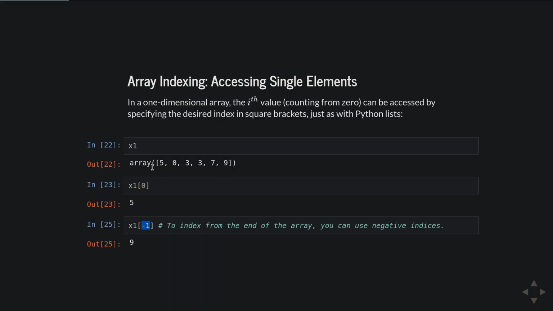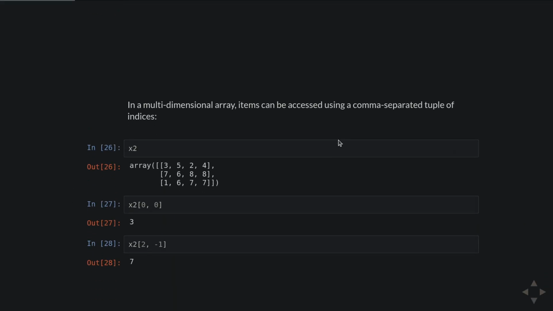So get the size, which is 6, minus 1 is 5. 0, 1, 2, 3, 4, 5, boom, I have 9, okay? So this is essentially size minus 1, but we reference it as negative 1. So if you want to count backwards from your highest index to your lowest, you can just use negative numbers, okay? So that's exactly the same as a Python list.